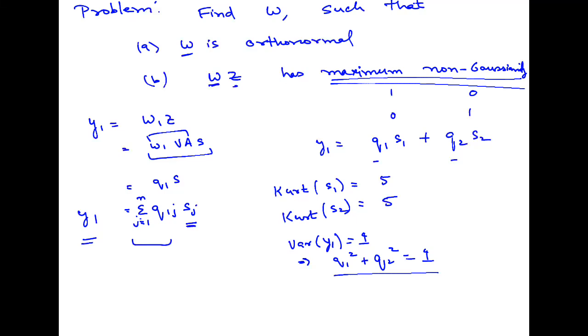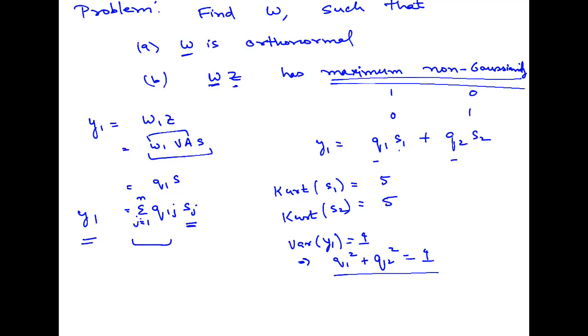If your Q1 is 1 and Q2 is 0, then the non-Gaussianity of Y1 will be the same as that of S1, which will be equal to 5. If you have any other proportion, then you are mixing two non-Gaussian signals, and by the central limit theorem, the result is going to be more Gaussian than either of those two signals. These are two signals which have equal non-Gaussianity.